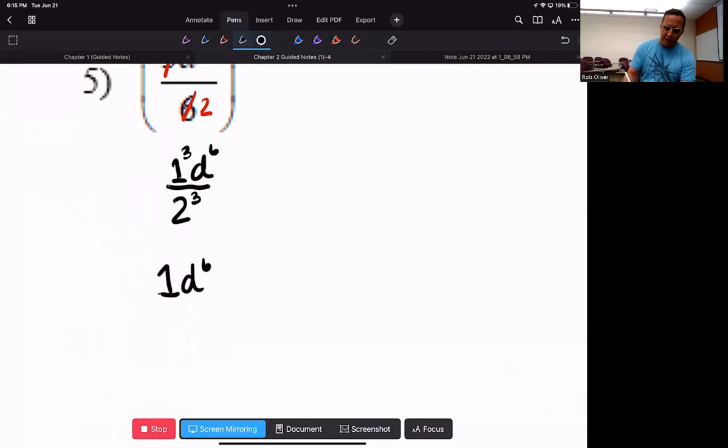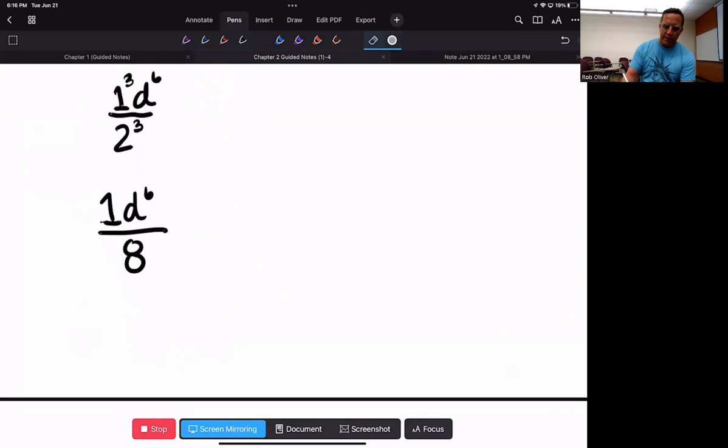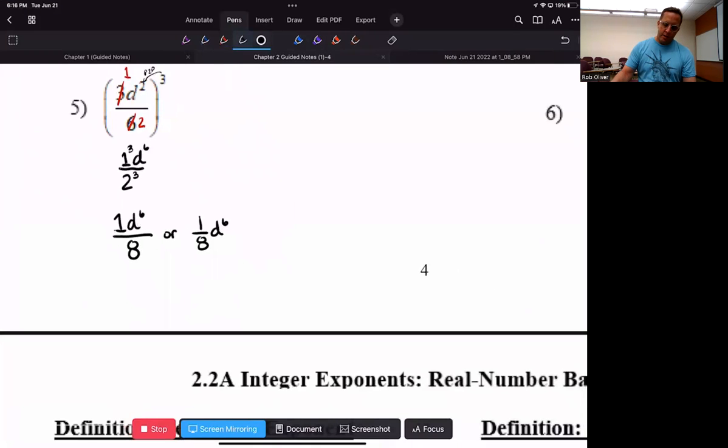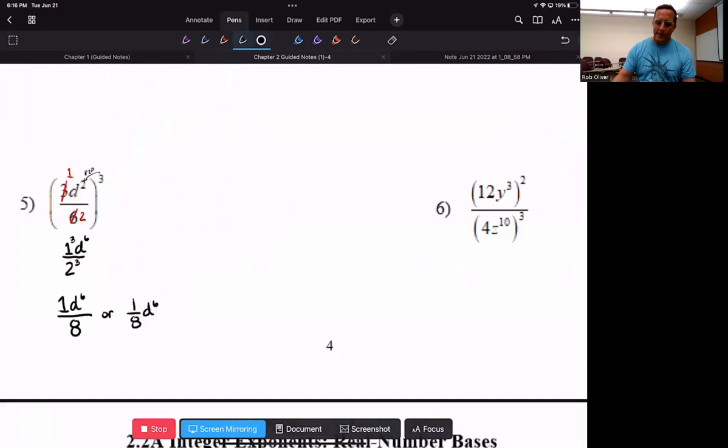D to the 6 is unchanged, and then 2 to the 3rd power is 8. And like I was showing you before, another way to write that would be as 1/8, and then you can put the d, the variable part with the exponent, right in the middle. So 1/8 d to the 6. Okay, so that's all you have to do for number 5.